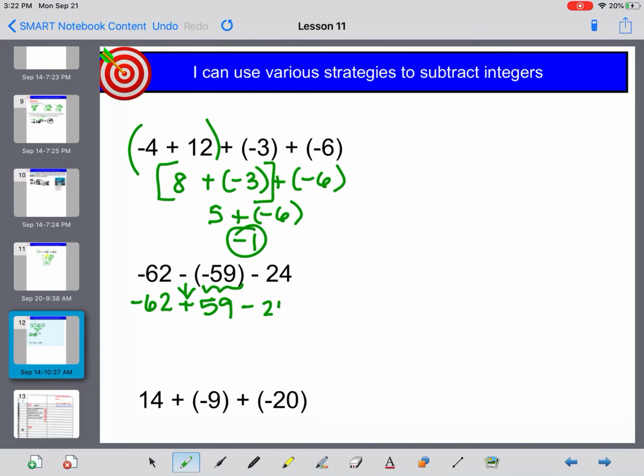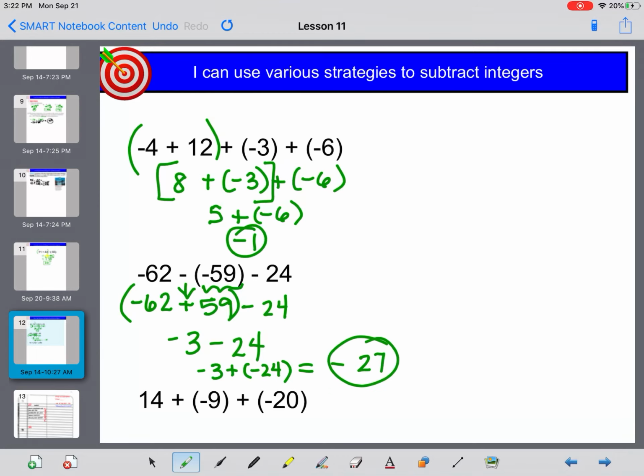And so really you get the exact same equation. So when you do this, negative 62 plus 59, you get negative 3 minus 24. Rewrite this as adding negative 24. The signs are the same, so you add them and keep the sign, negative 27.